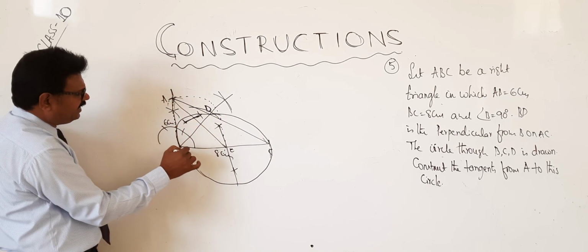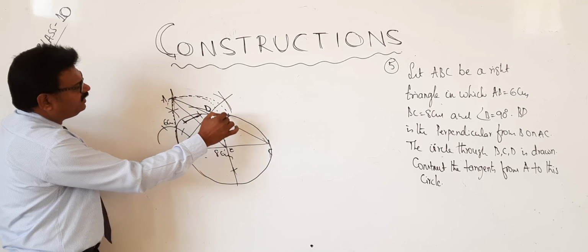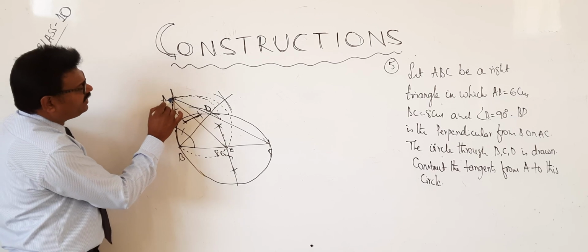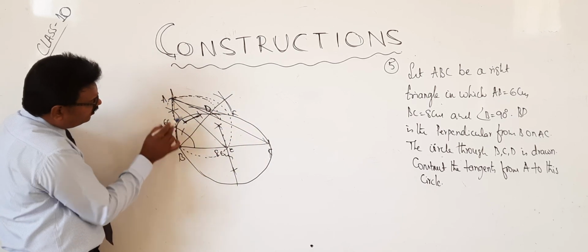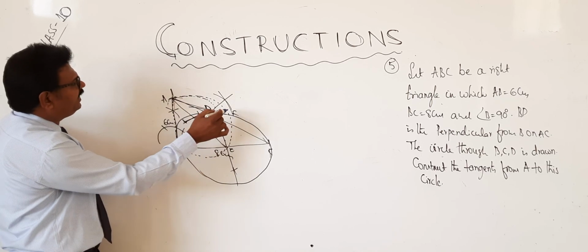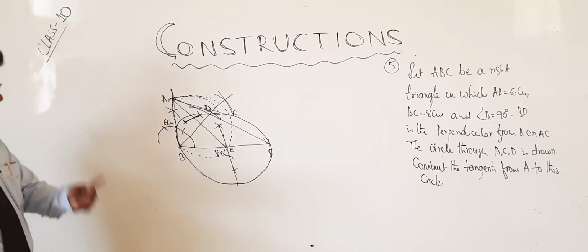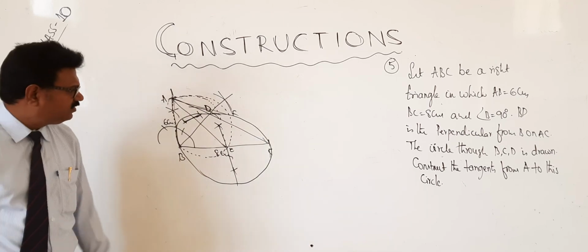It will touch A, B. It will not touch D like this, but it will touch E like this. Next, from here, where it will touch, that is nothing but F, and AB is already there. So AB and AF are the two tangents drawn from A. Okay? Understood? Yes.